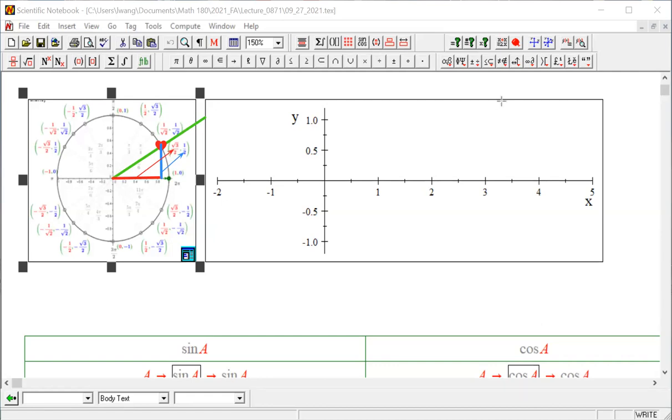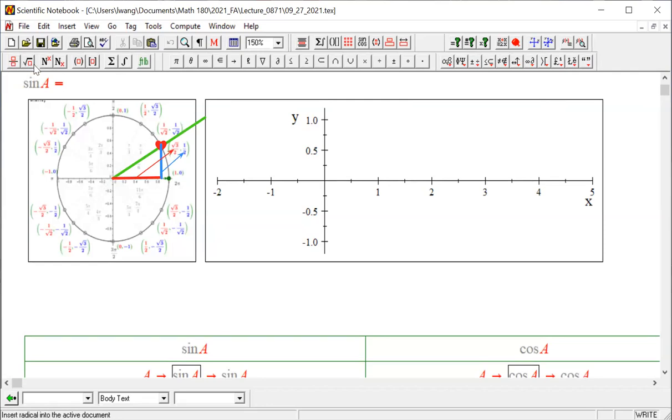Therefore, if you look at all the possible angles you measure, and look at the ratio for sine, how is sine defined?